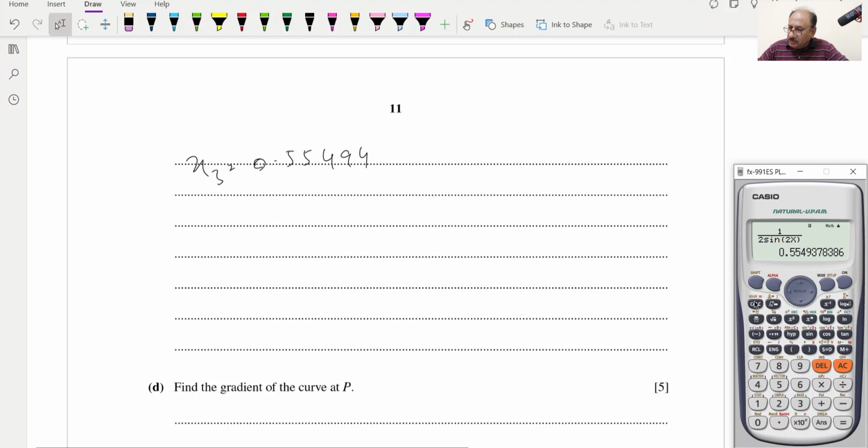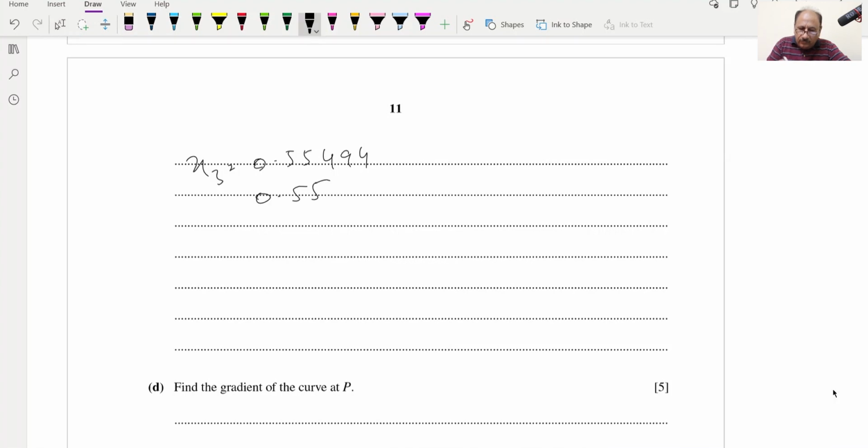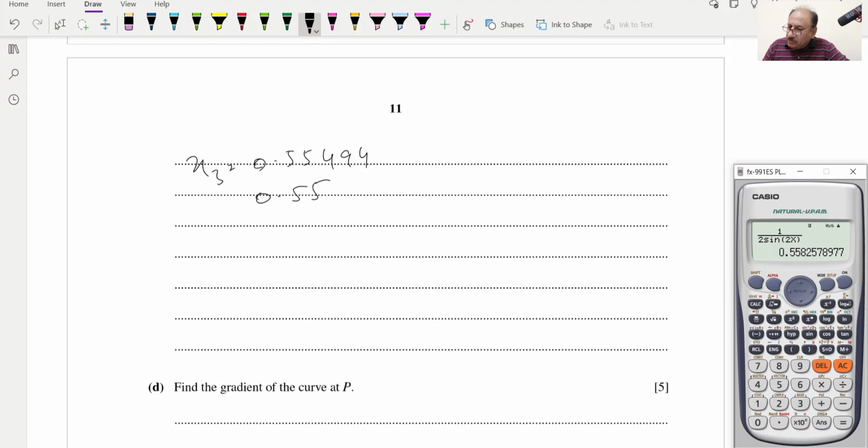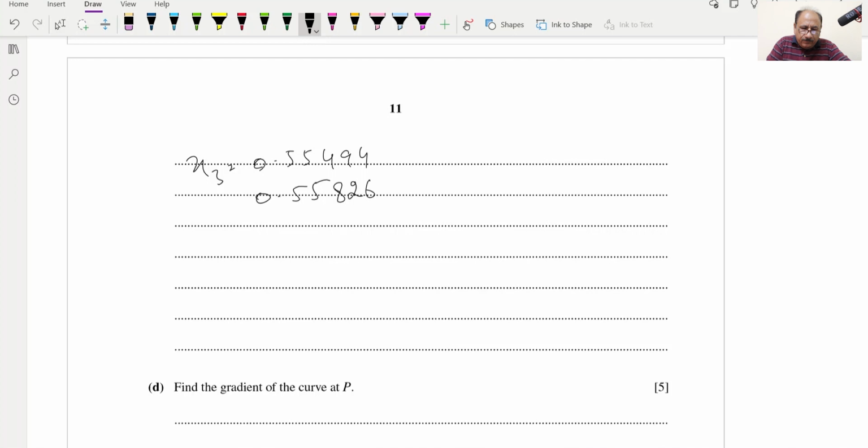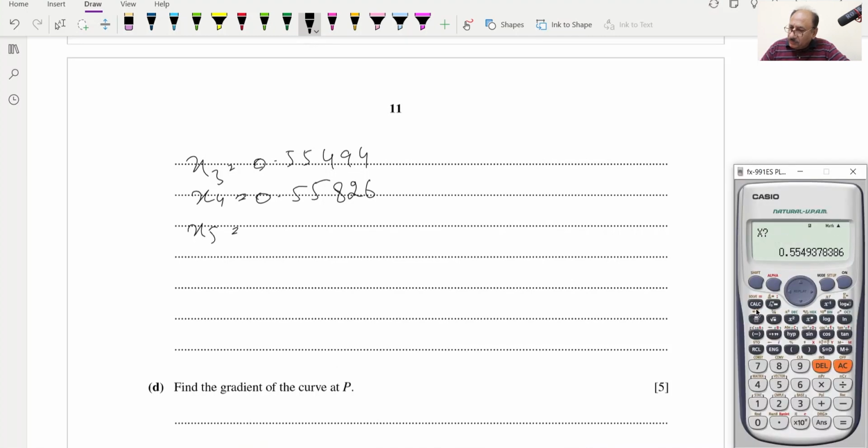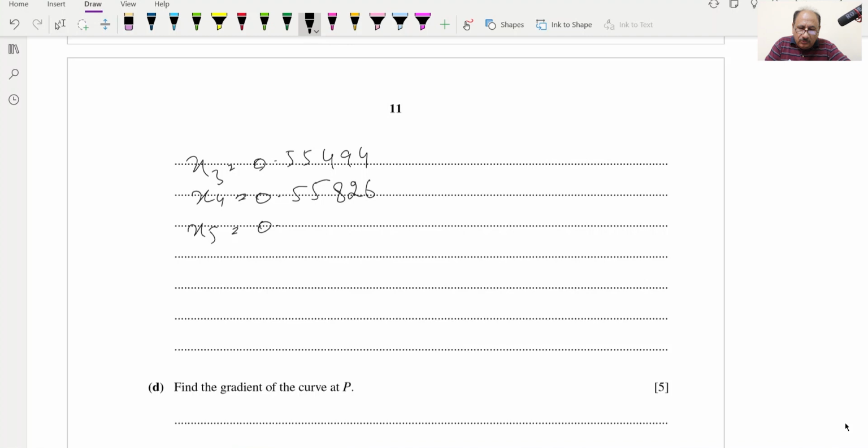So calculate for answer, and this is equal to 0.55826. X5 we can also write. X5 will be equal to calculate for answer, and this is equal to 0.55644, and next will be what?